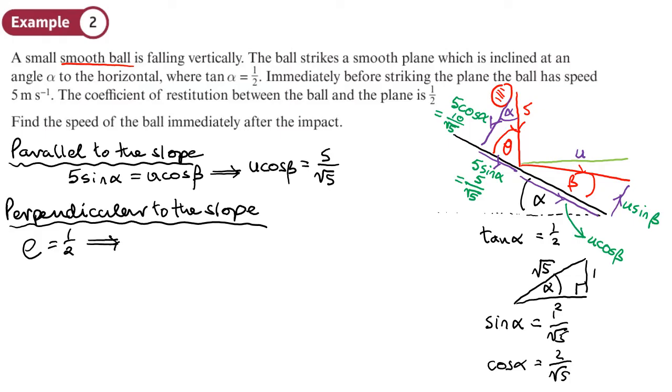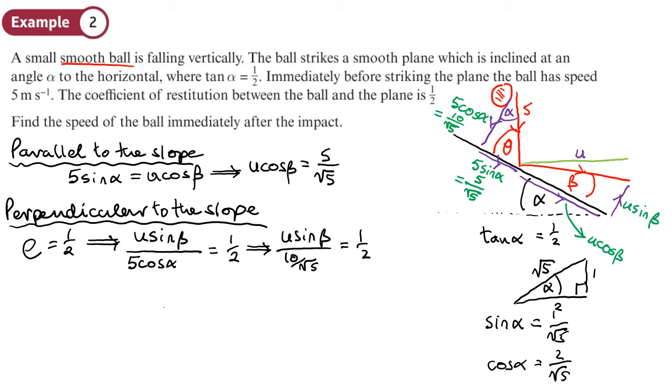The speed of rebound in this case is u sine beta, divided by the speed of approach, which is 5 cos alpha. That equals a half. Now 5 cos alpha we worked out to be 10 over root 5. So we'll have u sine beta over 10 over root 5 equals a half.